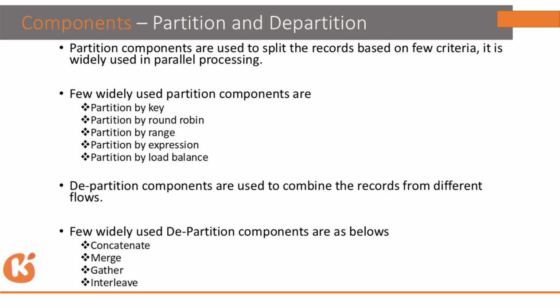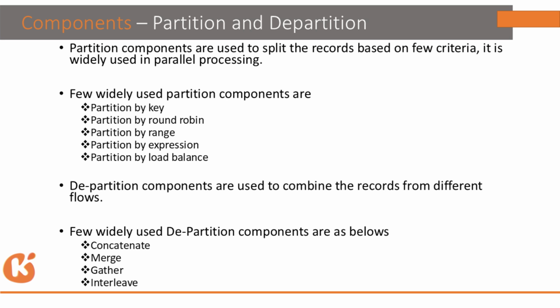So to split the data and achieve data parallelism, there is a concept in Ab Initio called multifile system. To achieve that, we'll need partition and departition components. The partition component will convert the single serial file into a multifile. A multifile is nothing but one file that we physically split into multiple files, but logically group as one single file.